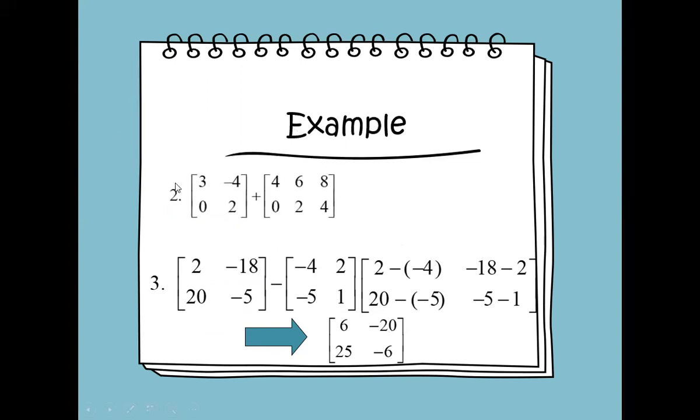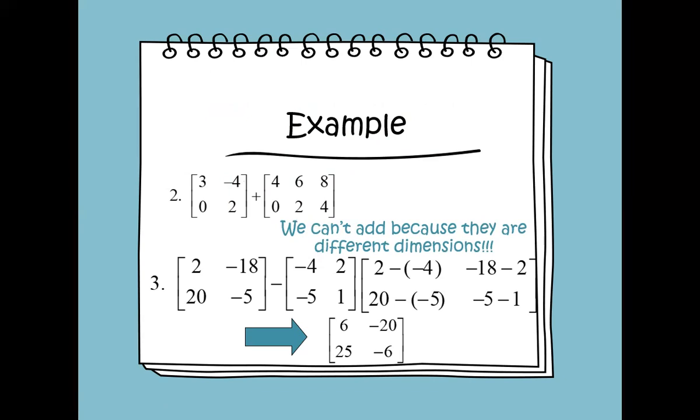So here, let's first of all check the dimension of each matrix. Here we have 2 rows and 2 columns, and here 2 rows and 3 columns. So here we cannot find the sum of this because we cannot add different dimensions.